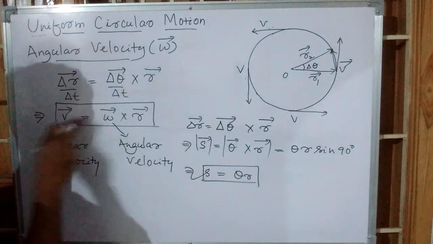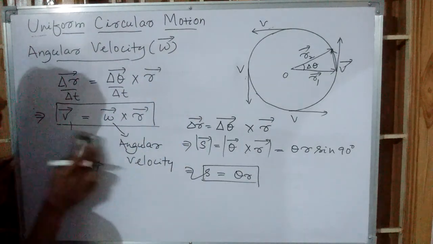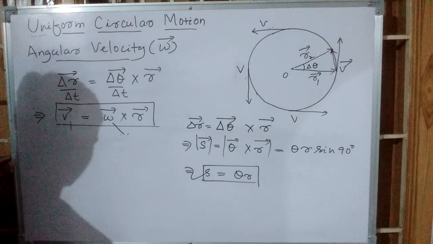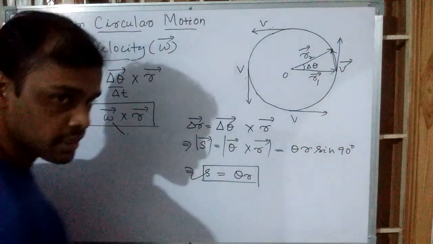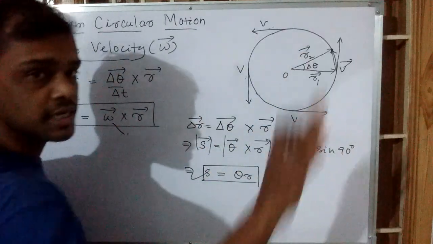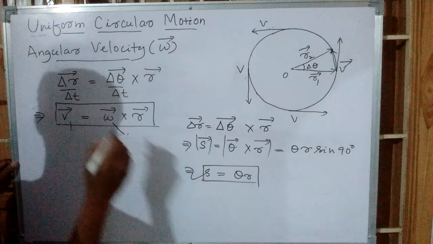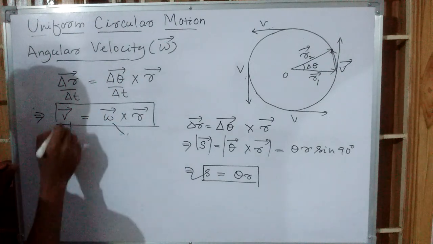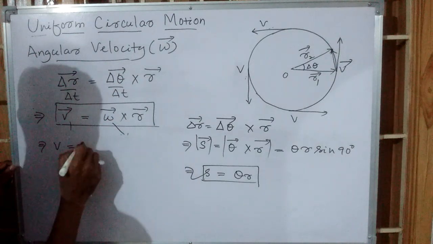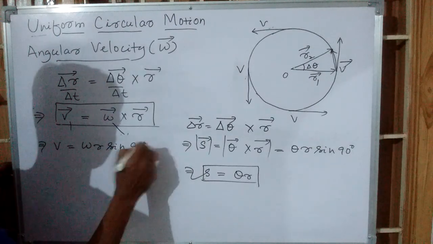Similarly, what is this relationship in terms of magnitudes? Now again, v is along the y-axis, r is along the x-axis, and omega is along the z-axis. That means each is 90 degrees to the others. This implies v is equal to omega r sine of 90 degrees.